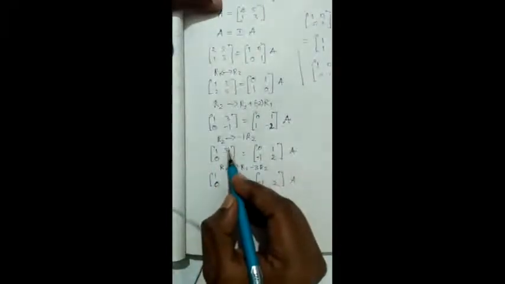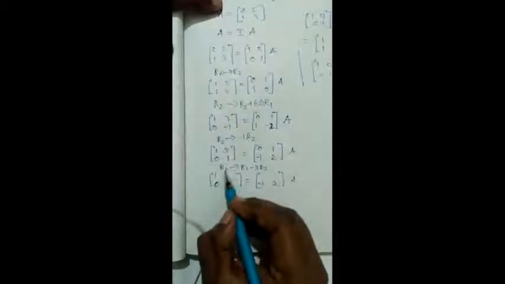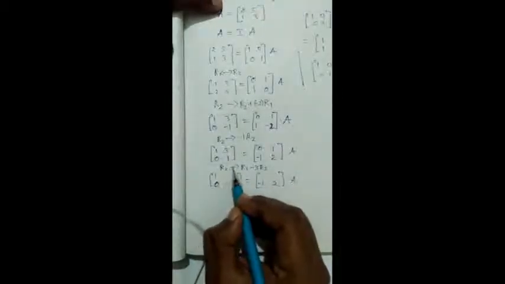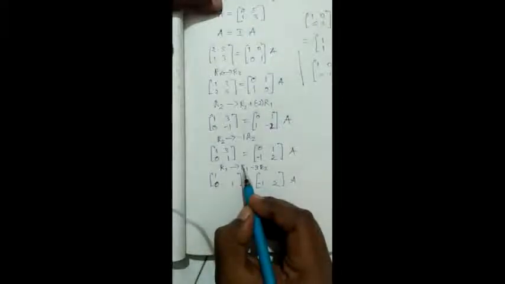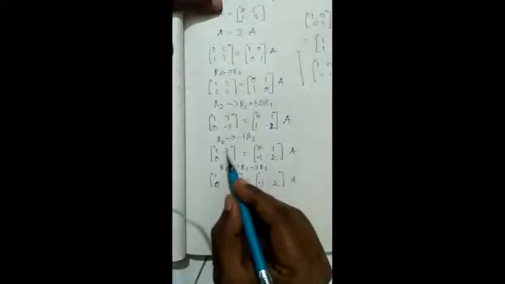To make this 3 as 0, I'm going to apply this to the 3 present in row 1. So row 1 tends to row 1, and the corresponding row element for this 3 is this 1. So you have to make this 1 as minus 3. With what will you multiply to make this as minus 3? Yes, you have to multiply by minus 3.